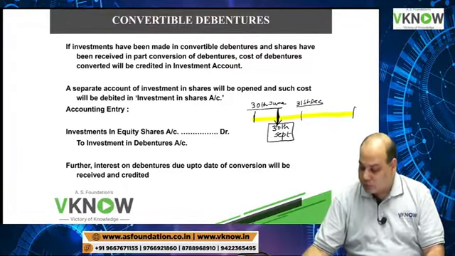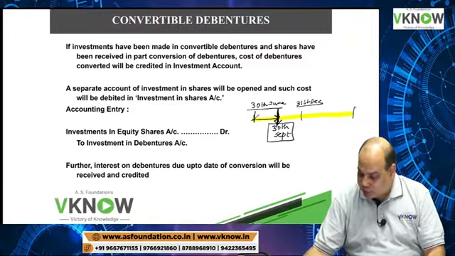So now what will happen? The company will have to pay interest for these 3 months from 30th June to 30th September.